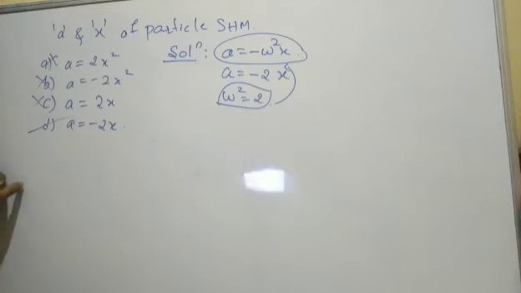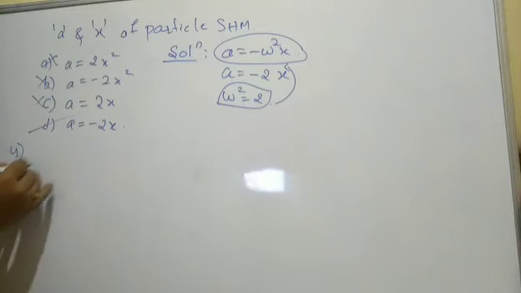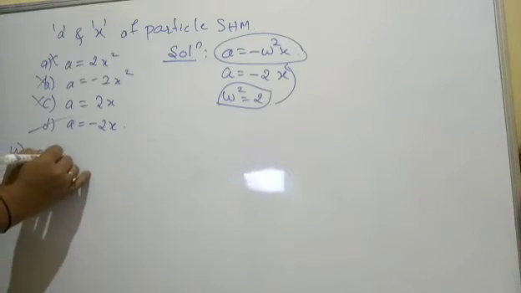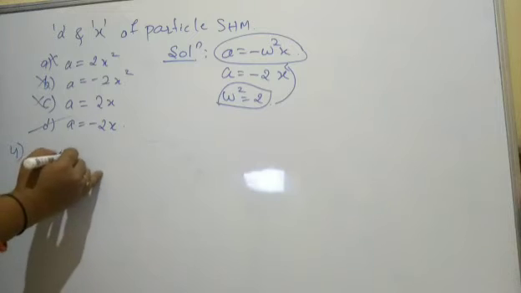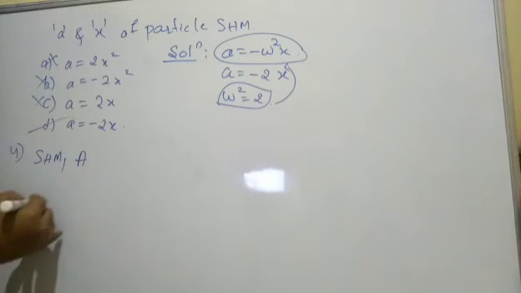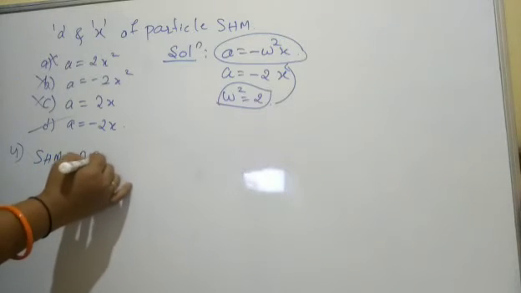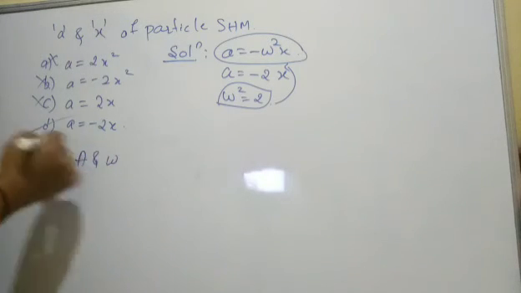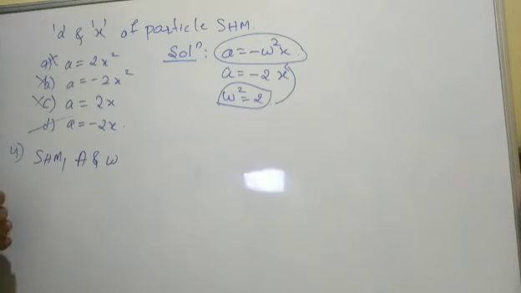So like this, you have one more problem, that of a particle executing simple harmonic motion with the amplitude given here, amplitude and the angular frequency. Angular frequency is nothing but the omega here. The ratio of maximum acceleration to the maximum velocity of a particle.